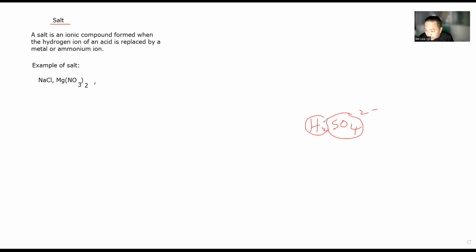This hydrogen, I want to replace with NH4, which is the ammonium ion, plus. So I get NH4 twice, and SO4 once: (NH4)2SO4. This is a salt.